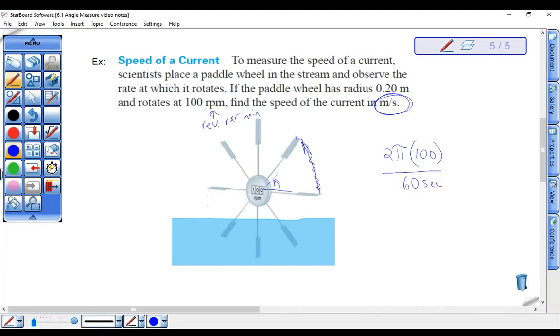So this would be our angular speed, right? We went through 200 pi radians per 60 seconds. That's my angular speed.